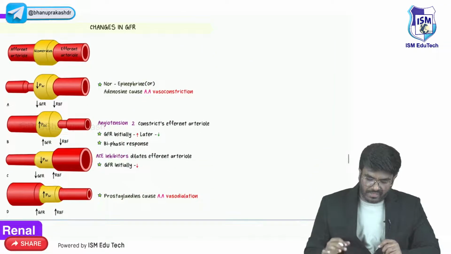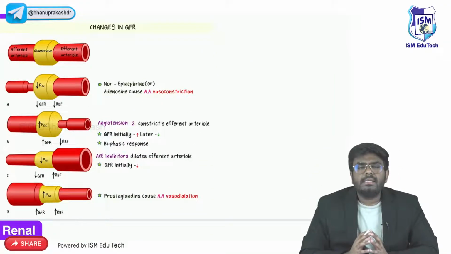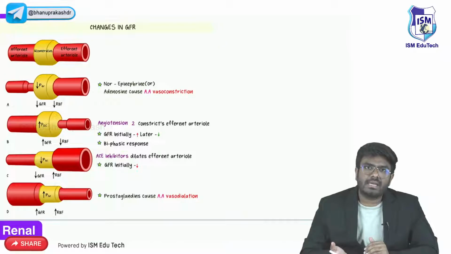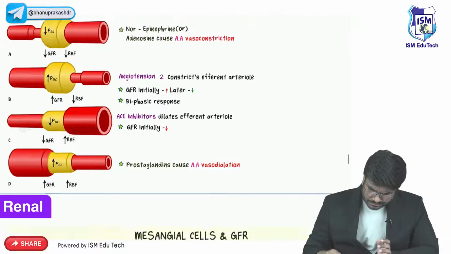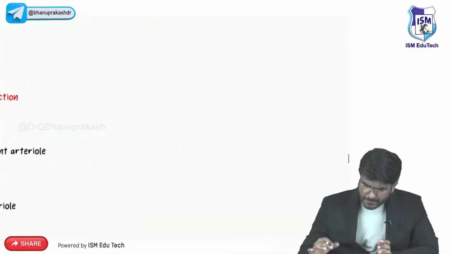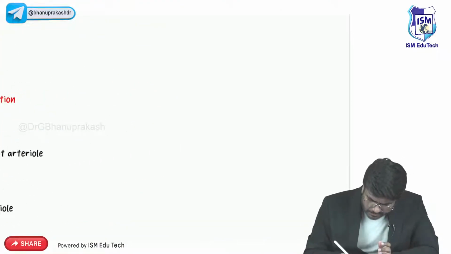Now after that, what else should you know? How GFR is going to be altered in different conditions. There are certain conditions where GFR increases and certain conditions where GFR decreases. Now look here, guys, just for a basic understanding. This is the afferent arteriole which brings the blood.